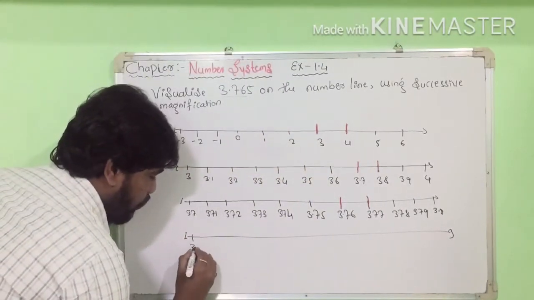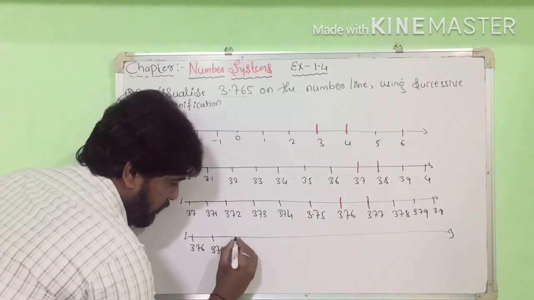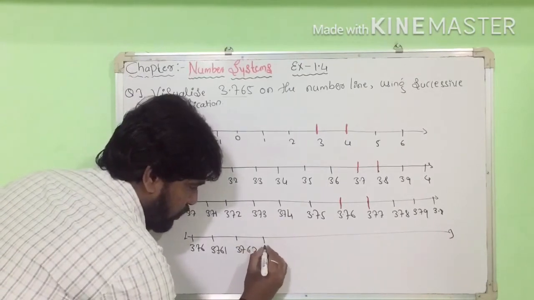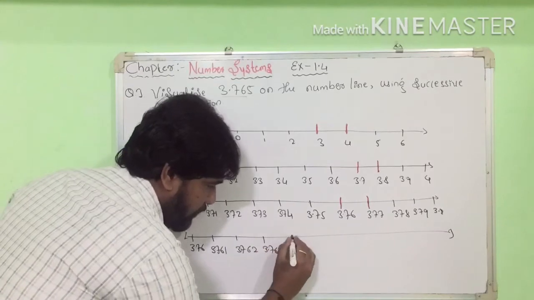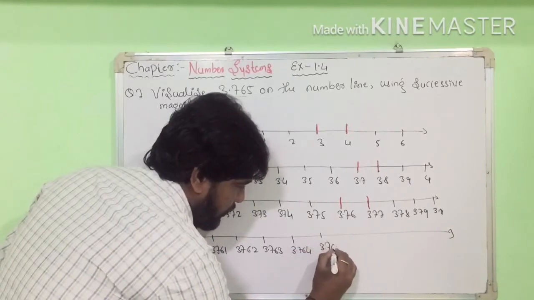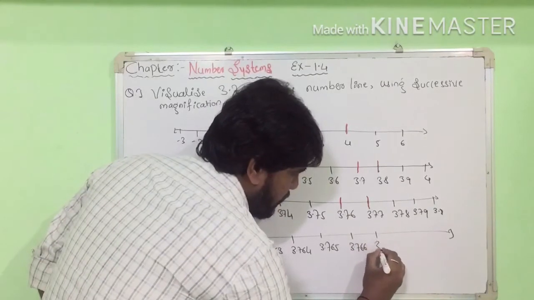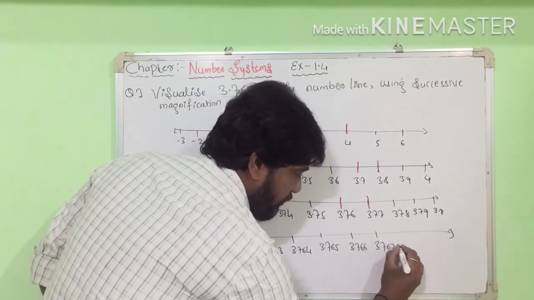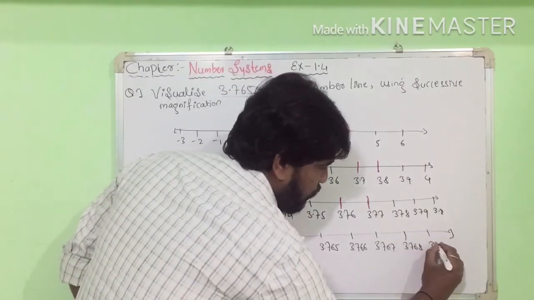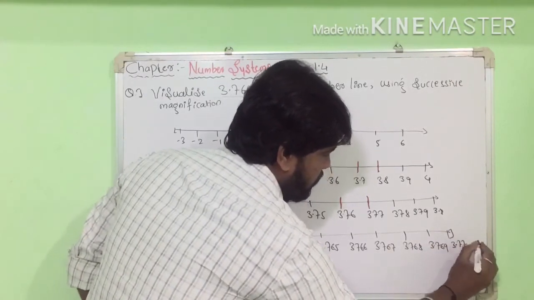So here 3.76, 3.761, 3.762, 3.763, 3.764, 3.765, 3.766, 3.767, 3.768, 3.769, 3.77.